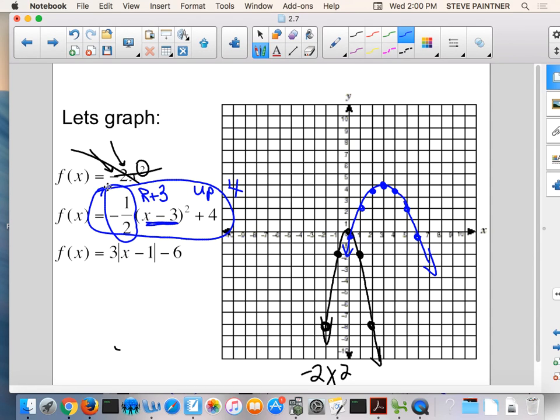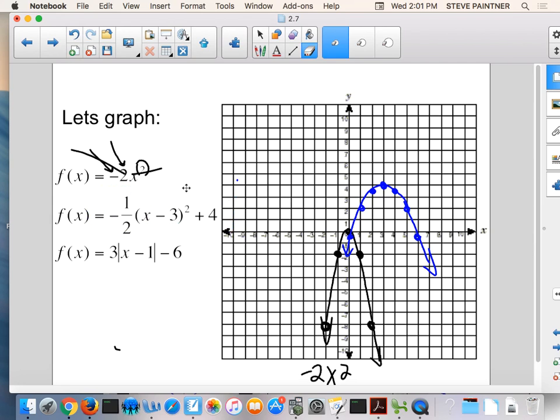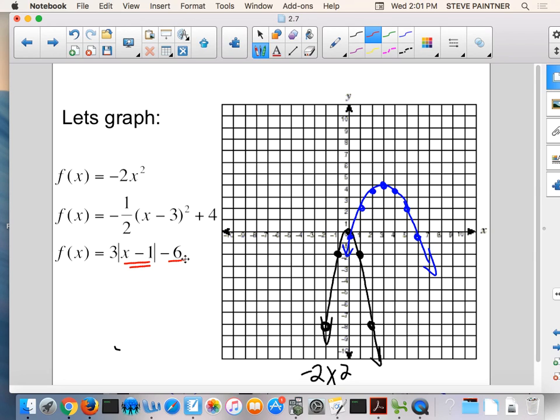Okay, one more. Go. Last one. Find the vertex.